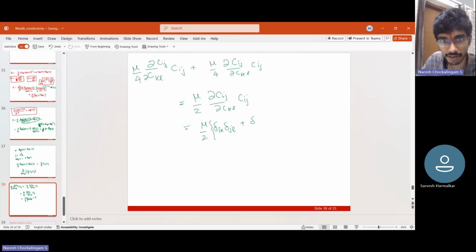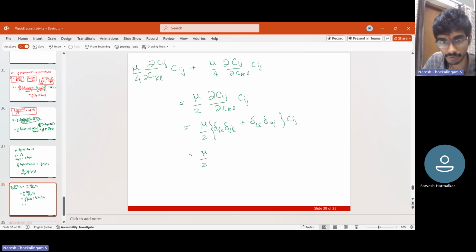So if J is equal to K and I is equal to L also, we get a non-zero thing. So it's delta IL delta Kj multiplying Cij. So in place of I and J, you can do this replacement.